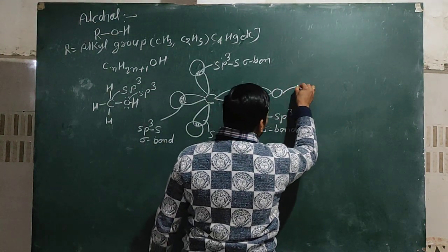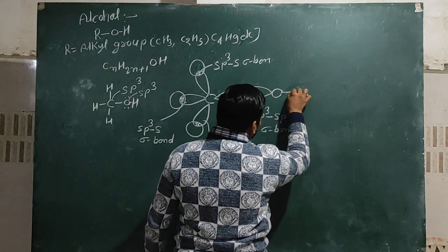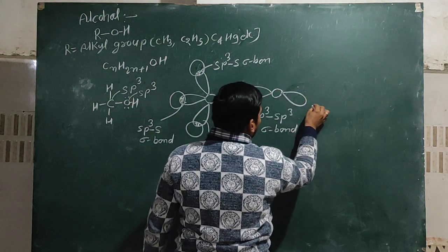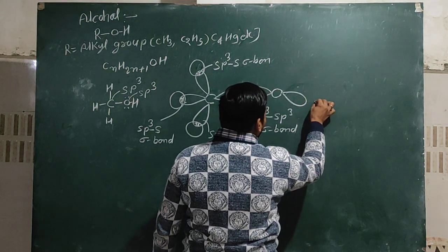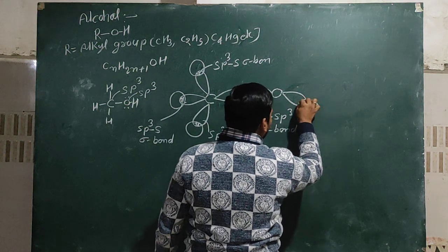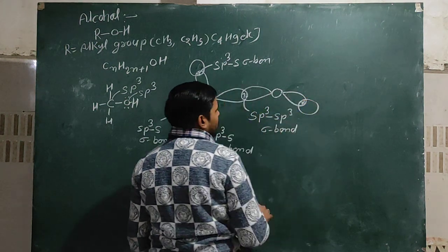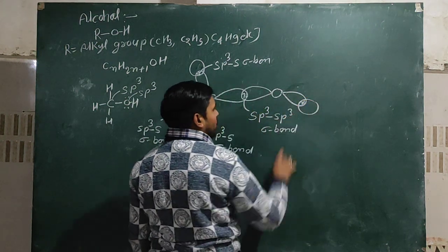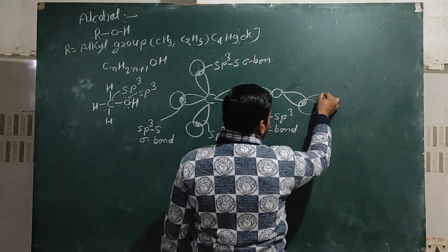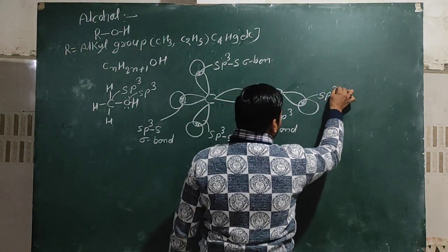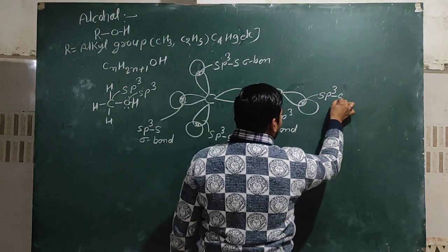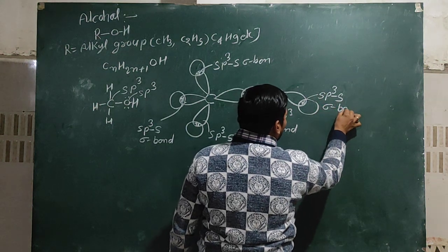On the other side of the oxygen, one hydrogen atom also overlaps with the sp3 hybrid orbital of oxygen, and it also forms an sp3-s sigma bond.